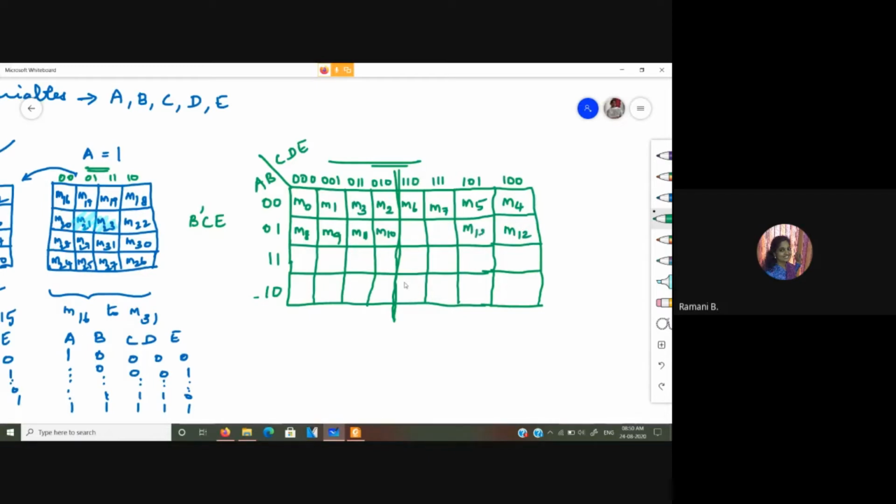M12, M13, M14, M15, and this is M16, 1 followed by 4 zeros. 16, 17, 18, 19, this is 20, 21, 22, 23, 24, 25, 26, 27, this is 28, 29, 30 and 31.